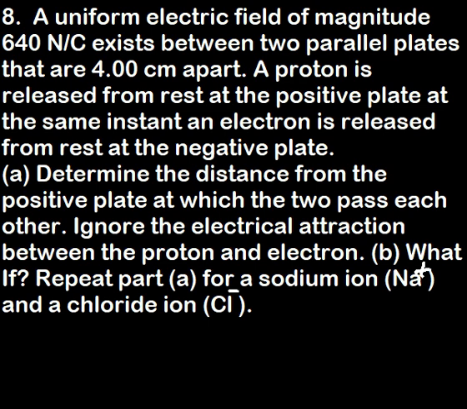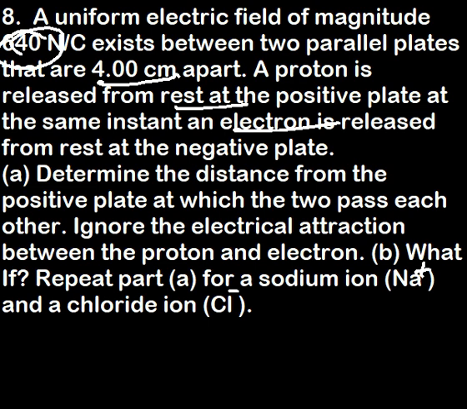A uniform electric field of magnitude 5.2 newtons per coulomb exists between two parallel plates that are 4 cm apart. A proton is ejected from rest at the positive plate, and at the same instant an electron is released from rest at the negative plate.